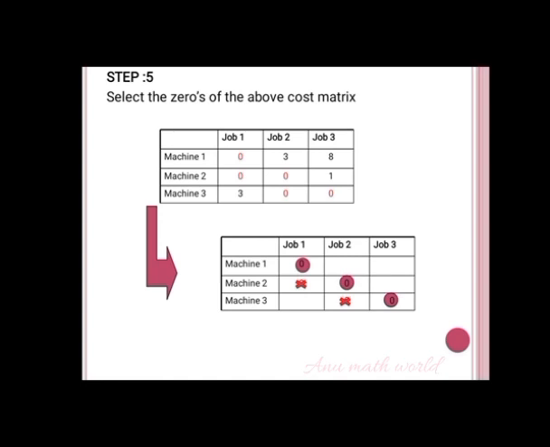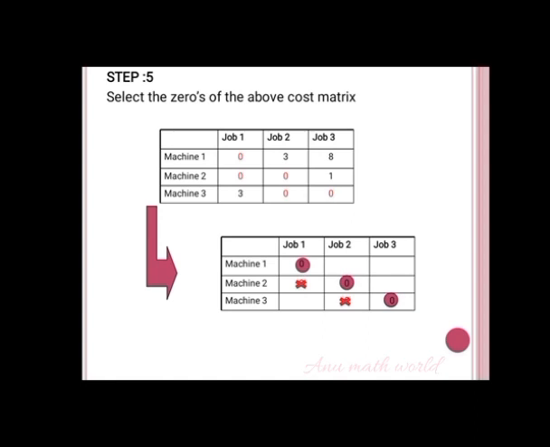Then I take job 2 and machine 2 zero, then I eliminate the next zero in the second column. In the last job there is only one zero, so I choose that zero. Then each column and each row has only one zero.